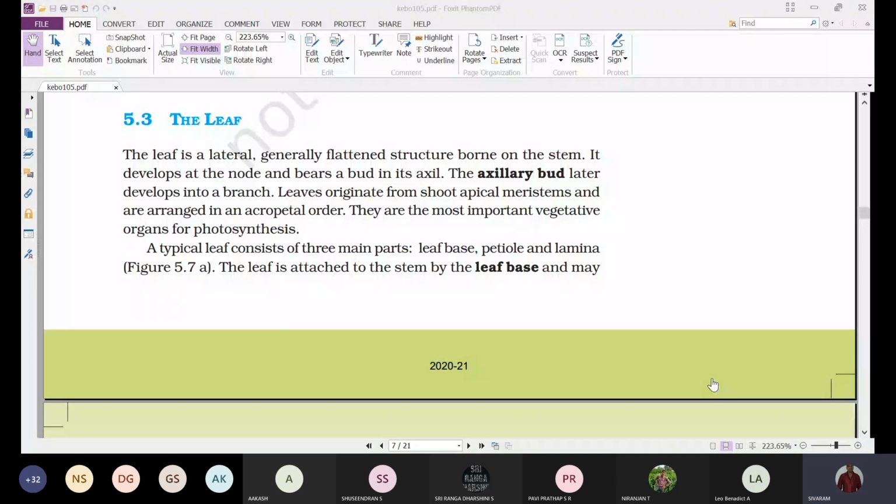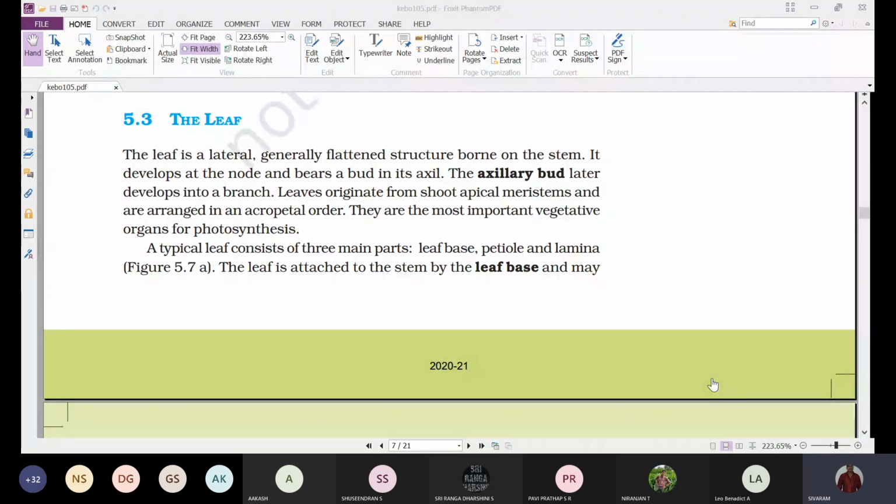The leaf is a lateral, generally flattened structure borne on the stem. It develops at the node and bears a bud in its axil, which we call the axillary bud. So generally, when you observe, the leaf is flattened and lateral.